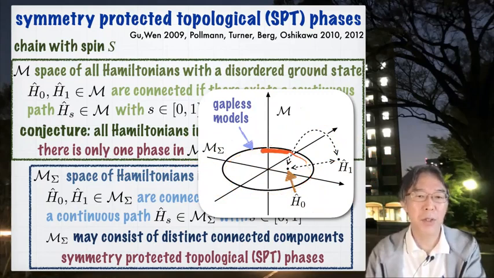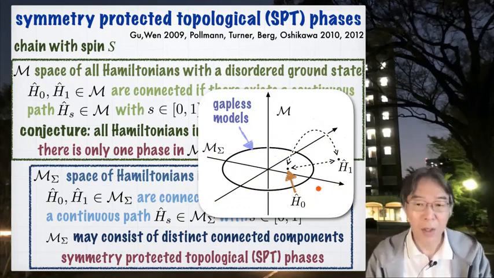This circle does not belong to M, so it does not belong to M_σ. So the plane is divided into two regions, two phases: one SPT phase here and the other SPT phase outside. Without symmetry, everything is connected in a single phase, but with this symmetry restriction, we get this phase structure. So this is an SPT phase.